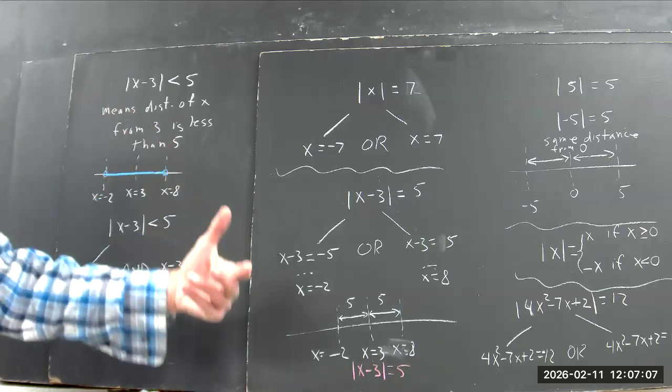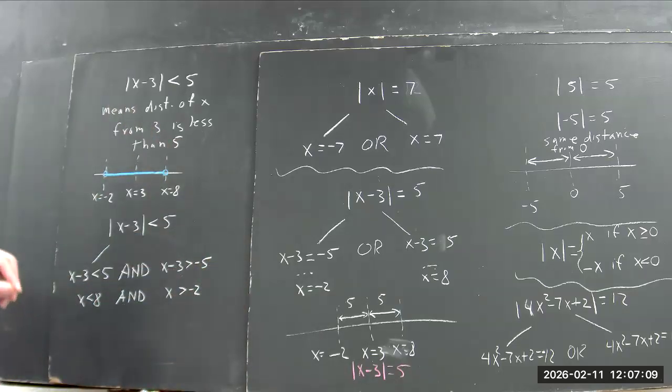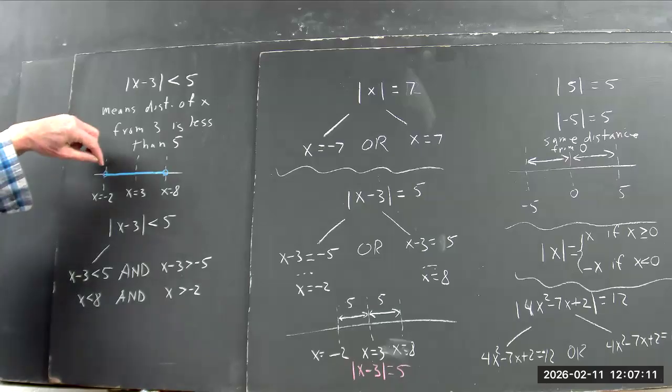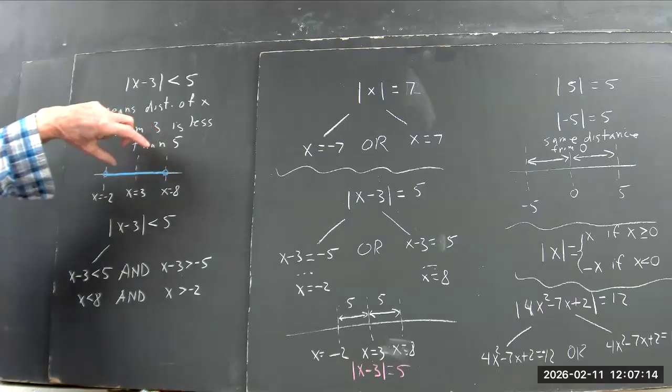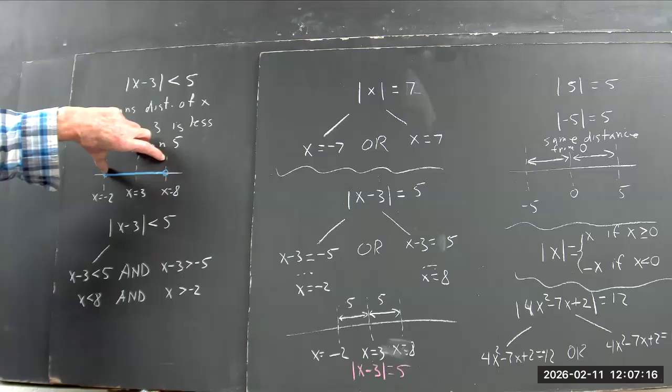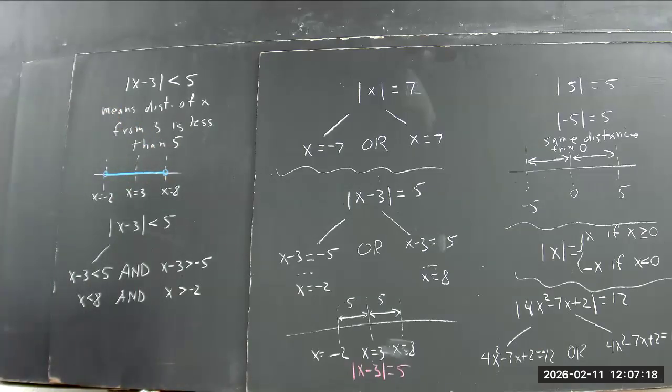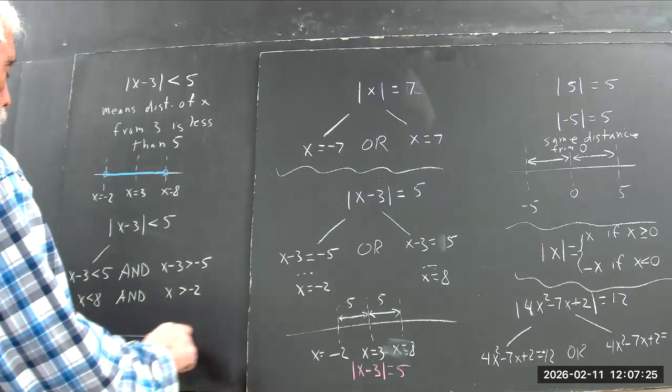The picture that I drew, this solution ran from x equals negative 2 to x equals 8, everything between negative 2 and 8. Now, if x is less than 8, well, I can draw a picture of x less than 8.